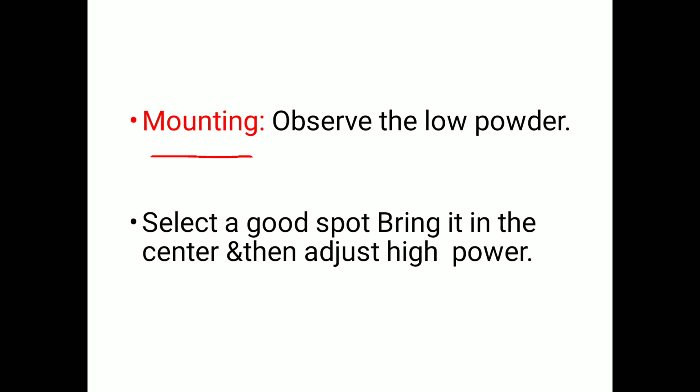While watching the slide under the microscope, select a good spot of the bacteria, bring it to the center, and then adjust to high power. That means first we observe at lower magnification, and when it is observed but not clearly, then we increase the magnification from 10x to 40x or 40x to 100x depending on the situation.